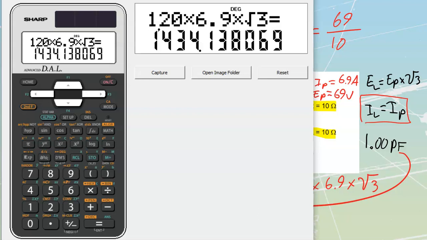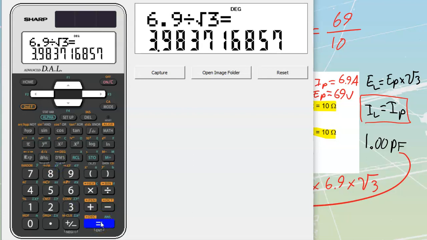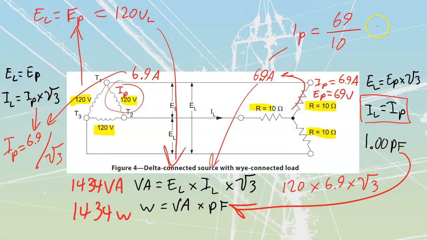I'm sorry, guys, sometimes you lose track of where you are. 6.9 divided by root 3 equals 3.98, or effectively 4 amps. I phase is equal to 4 amps. Perfect, that is the very last of these 4 calculations.